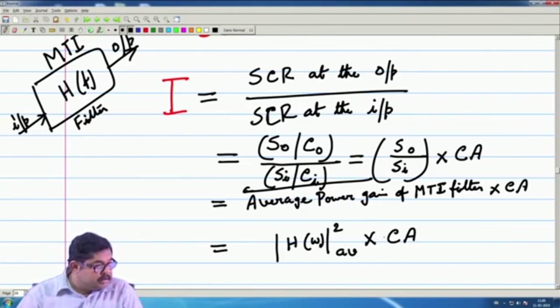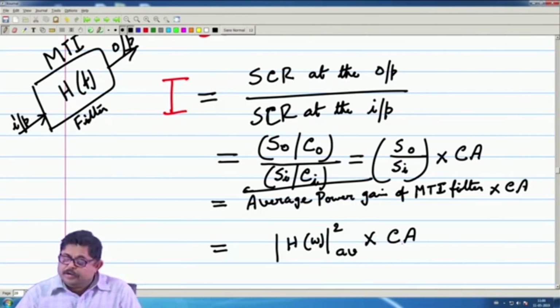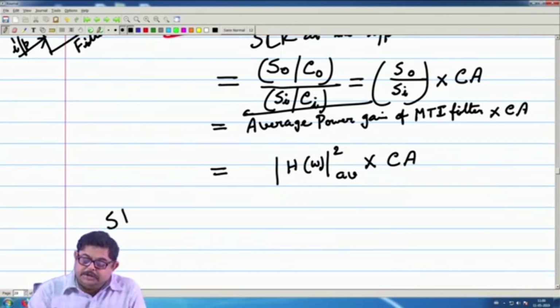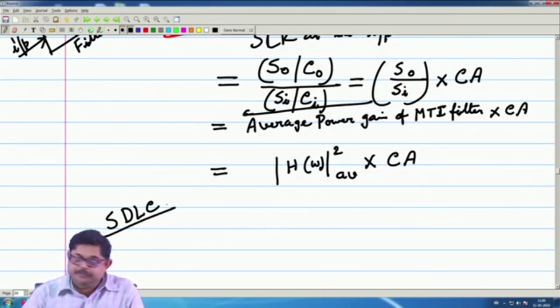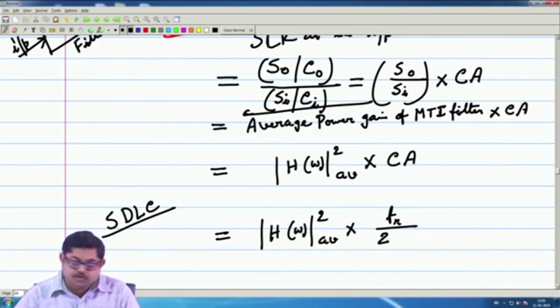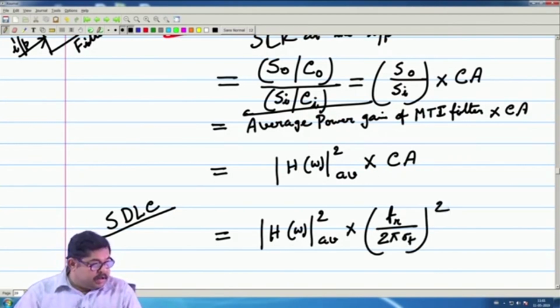Now, if I want to calculate this for a single DLC, we know this CA we have already found, so I can put that value, f r by 2 pi sigma f, squared. Now, we will have to evaluate this one.